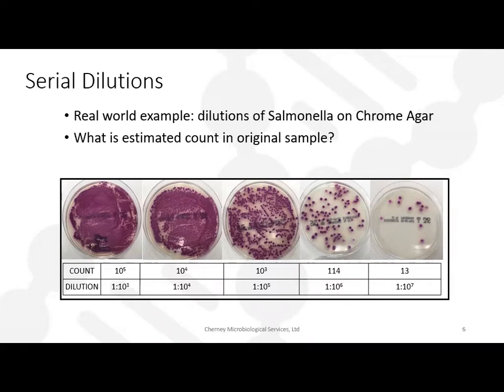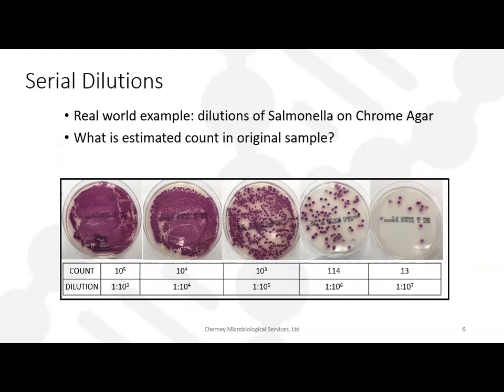So we have this picture that's a 10 to the 6th, and you could calculate your result by using the count of bacteria, 114 count, multiplied by your dilution, the 10 to the 6th. But what we're not seeing in this picture is how much was plated onto the agar plate.